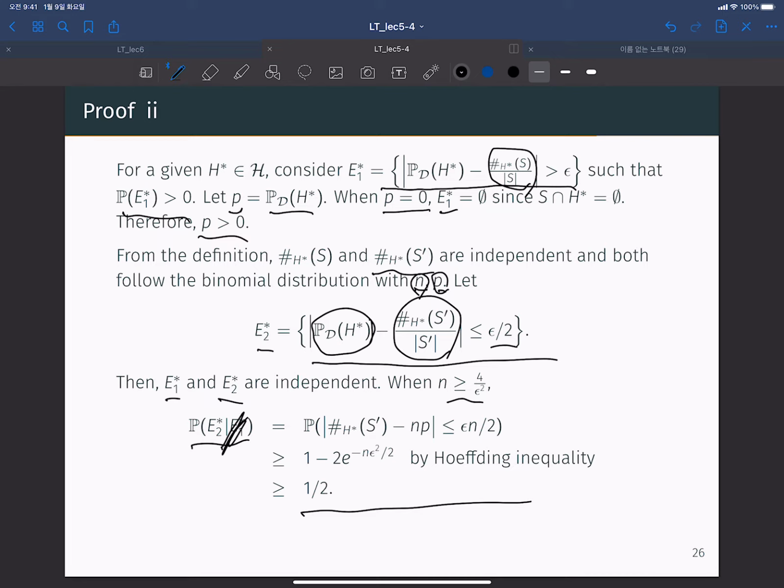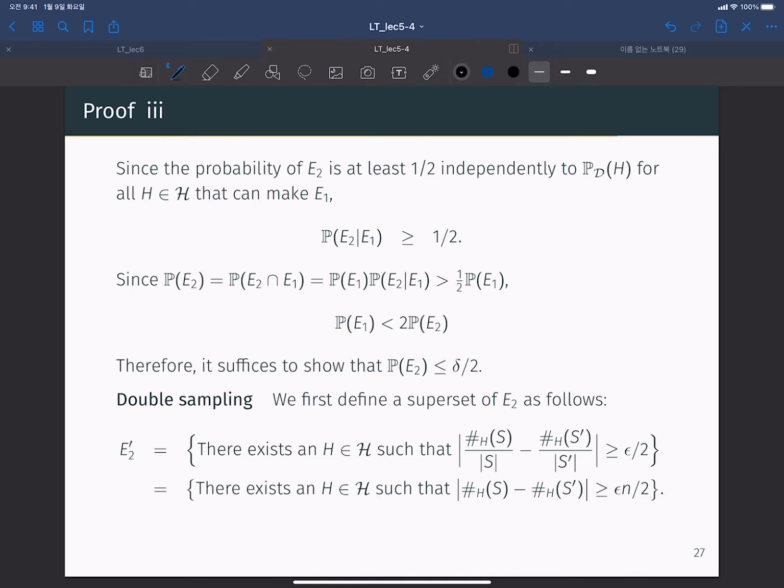The probability of E2 star is defined like this, and by Hoeffding's inequality, this number will concentrate around the expectation np. Since the outcome is 0 or 1, which is a bounded interval, we can apply Hoeffding's inequality and simply obtain this result.